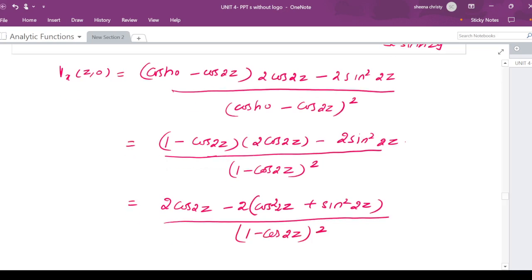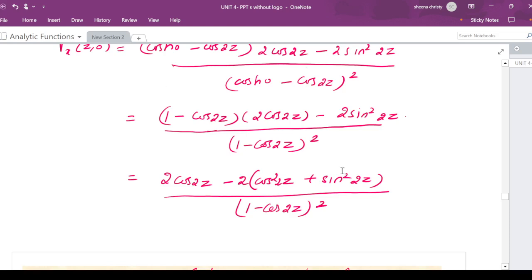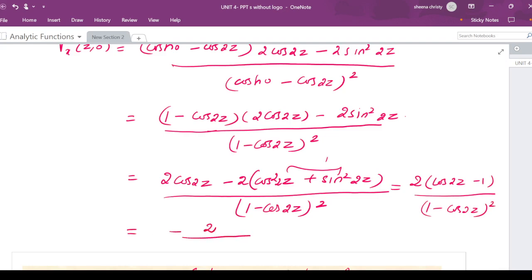We all know sin square 2z plus cos square 2z gives you what? Answer is 1. Therefore, you can write it as 2 into cos 2z minus 1 divided by 1 minus cos 2z the whole square. So by taking the minus sign outside, you will get 1 minus cos 2z, that gets cancelled, and you will get minus 2 divided by 1 minus cos 2z the whole square.